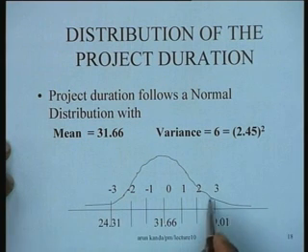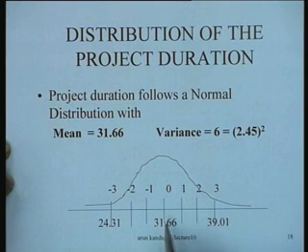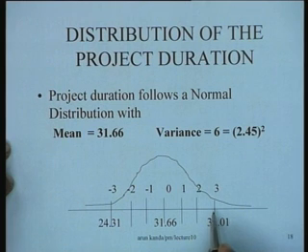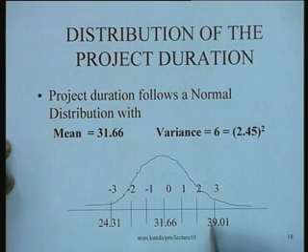So plus minus 3 sigma means 3 into 2.45 plus minus that, which gives you values of 24.31 to 39.01. So we can in fact see that this particular project is with all probability likely to be completed in a minimum time of 24.3 days and a maximum time of about 39 days.